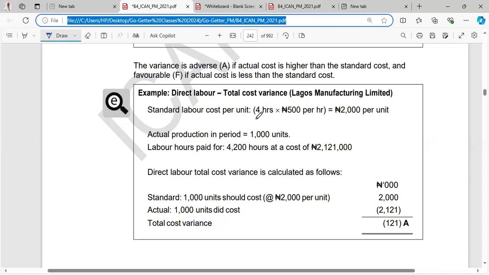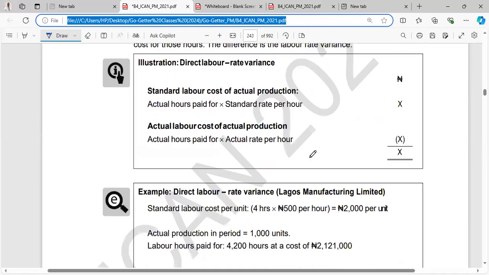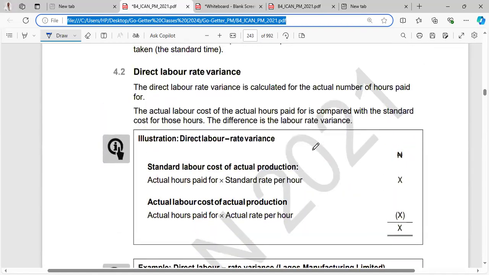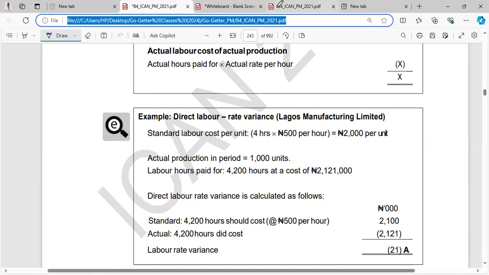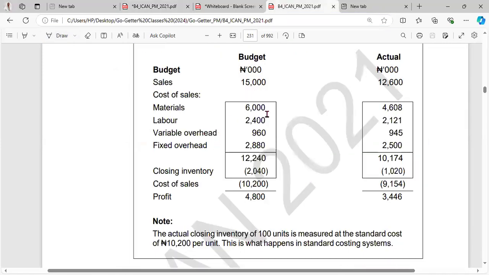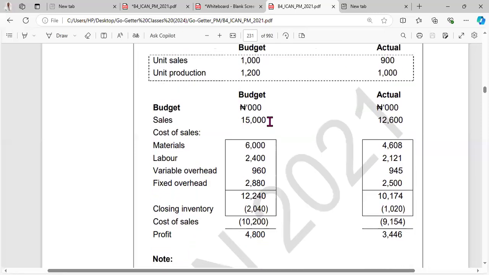So now, what are we asked to do? We are asked to calculate the total labor cost variance. If we check here, total labor cost variance is supposed to be the difference between this and this, right?